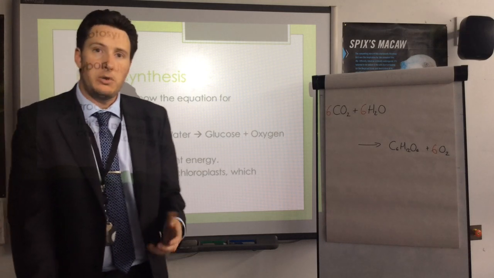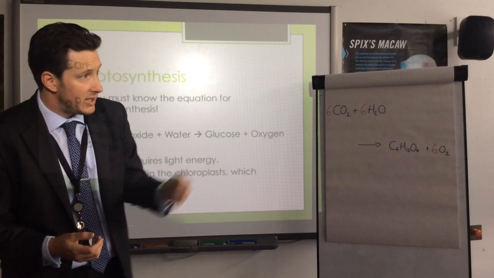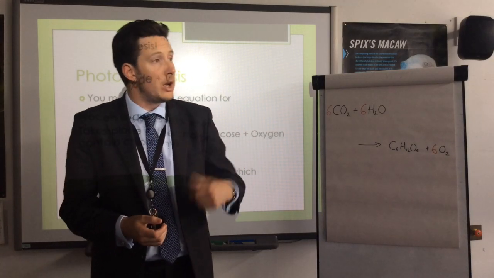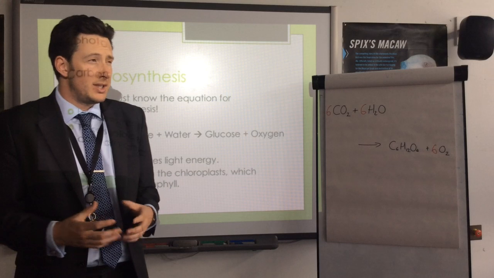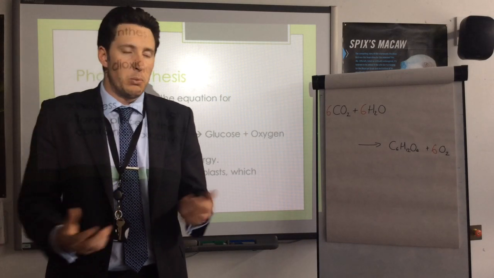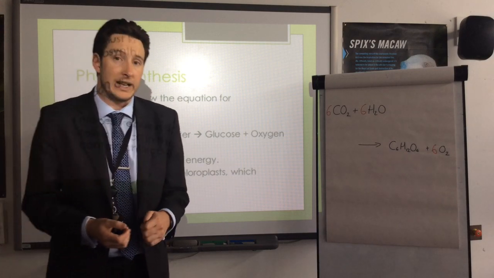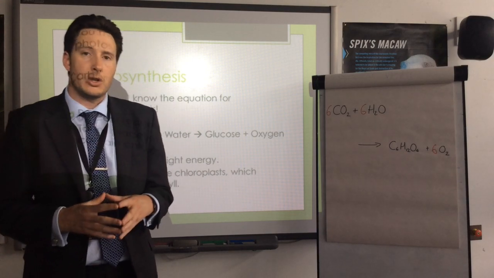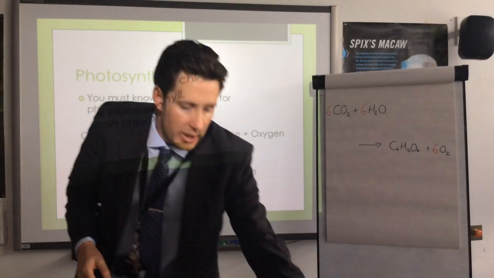If the plant produces enough glucose that it can respire quite happily, so today in the summer it's nice and warm, lots of light, carbon dioxide is always in the air, the plants can take that in, take in water from the ground, and they can do photosynthesis at quite a fast rate. And when they do, they produce lots and lots of glucose. They might not need all of that glucose at this moment.